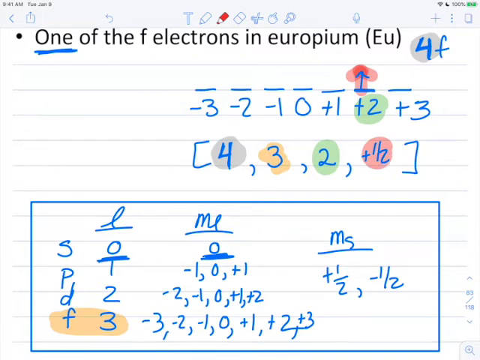All right, so questions on anything that we've done here with our quantum numbers? I know last time I asked, some of you said, it's okay. Is it feeling any better now to do the quantum numbers? All right, excellent.